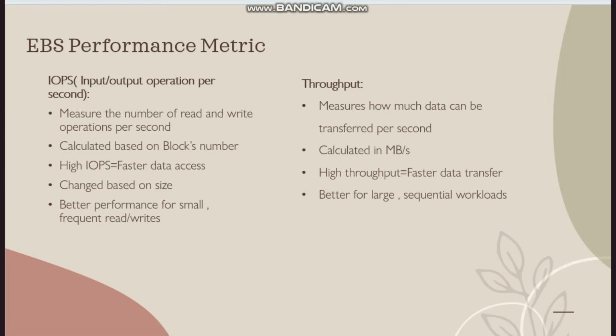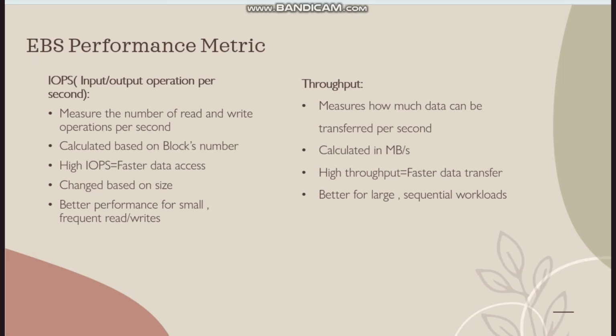EBS performance metric. There are two types of EBS performance metric. One is IOPS and another one is throughput. IOPS means input output operations per second. So it is used to measure the number of read and write operations performed per second, and the calculation is based on the number of blocks.